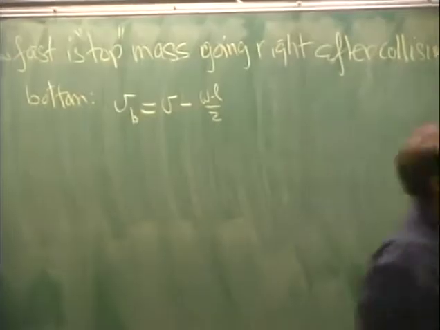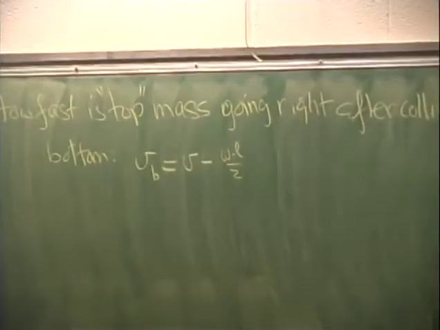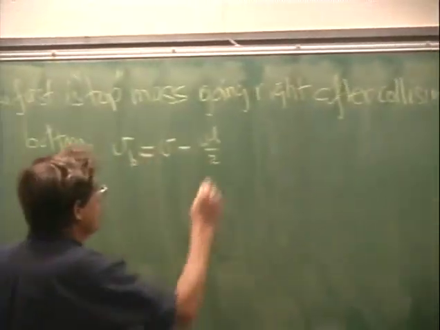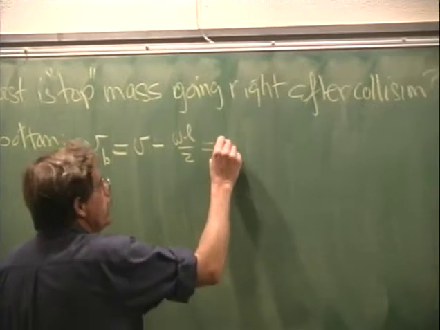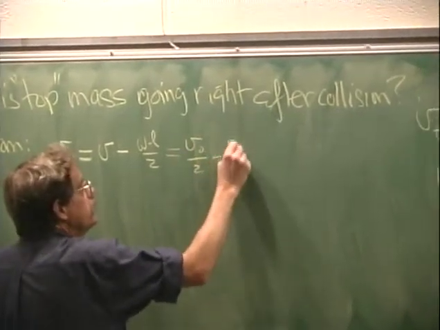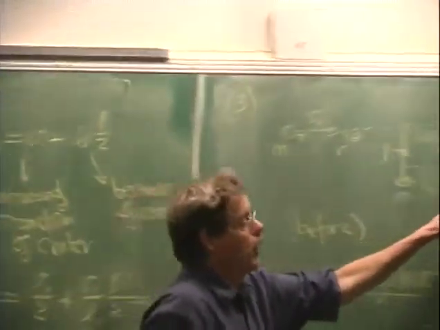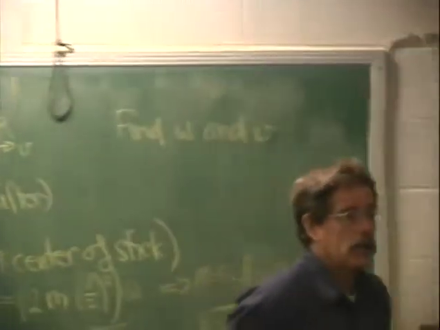Did I do that right? Yes, because it's going to the right because of the translational motion, but it's going to the left because of the rotational motion, and those exactly cancel out. It's the same reason that they conspired down there, so this is V0 over 2 minus V0 over 2 equals 0. That bottommost one is instantaneously at rest.